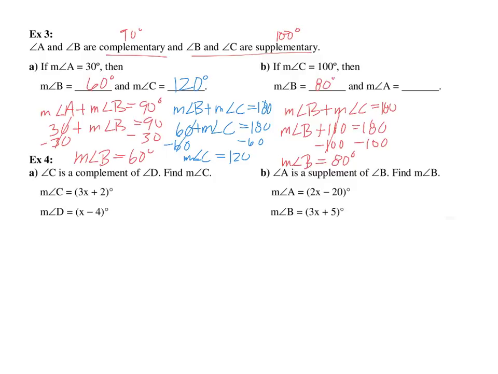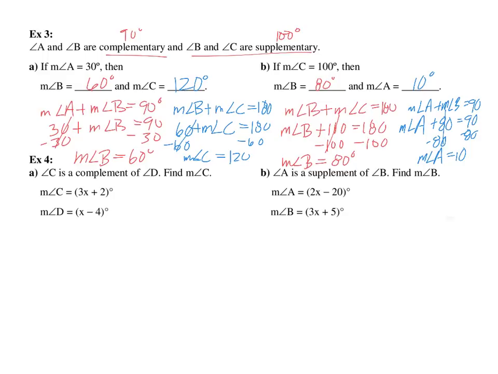All right, then for the next one, I have measurement angle A plus measurement angle B is equal to 90. I just figured out that B is 80. So subtract 80. And measurement angle A is equal to 10. All right, all done with that one.